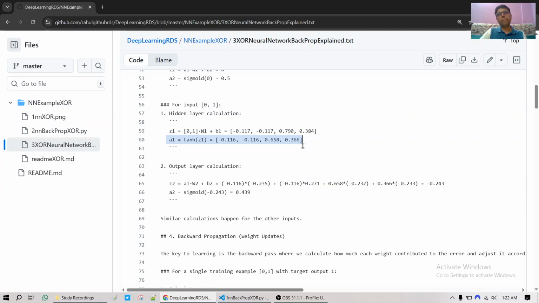As I have told, what is an activation function? It activates the nodes. So how are the nodes getting activated on the values of z1?